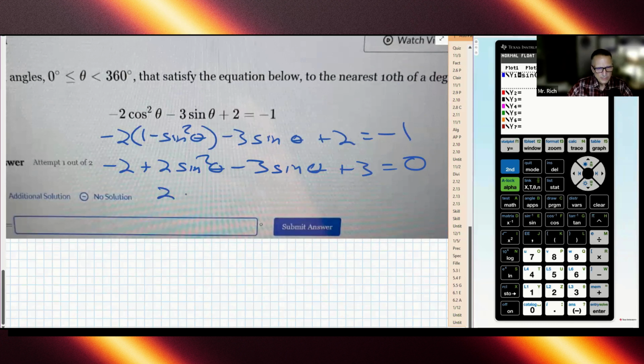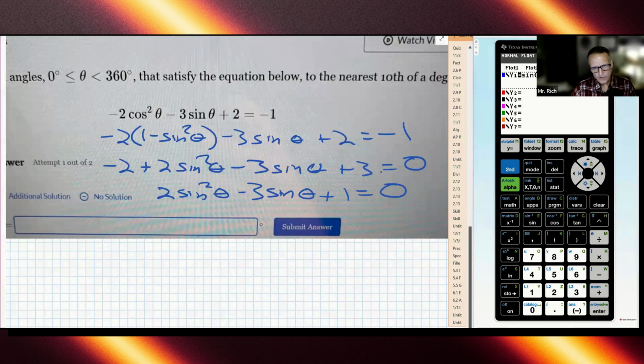I'm now ready to set this up in more of a standard form. 2 sine squared theta minus 3 sine theta, and then I'll combine the negative 2 and the plus 3 to be plus 1, like that. That is a quadratic type equation. I've got a sine squared, a sine, and then a constant. And I believe this can be factored, Avery.